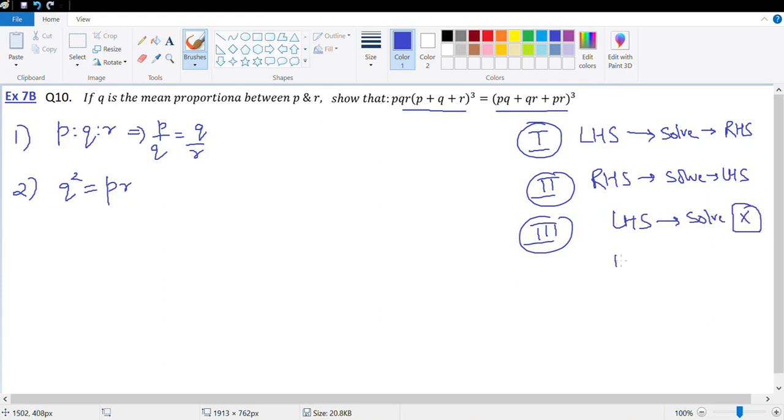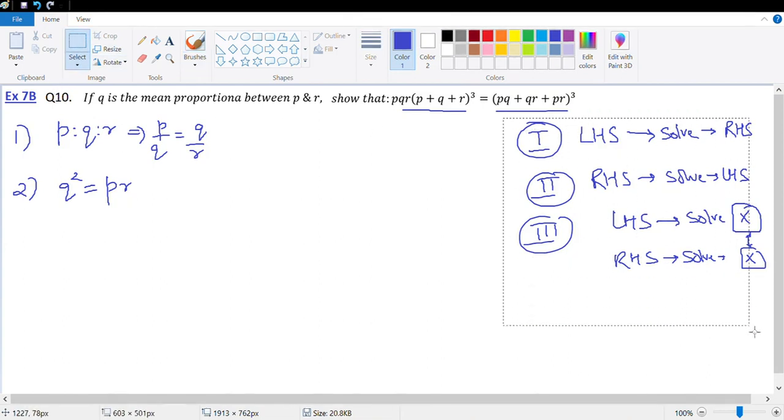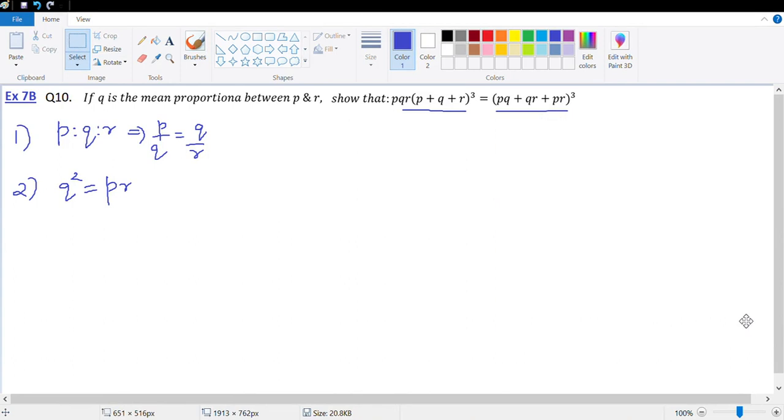Similarly, solve right hand side and make it equal to the same number x. Since these two are equal, the left hand side and right hand side are equal. Any method which involves taking left hand side to right hand side or cross multiplying is not allowed by the board. So let's look at question number 10.